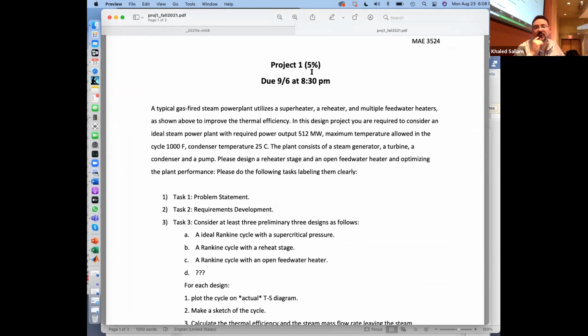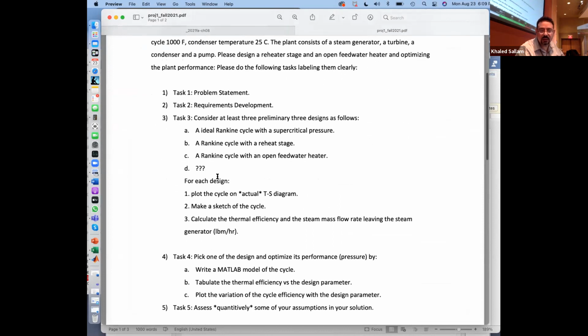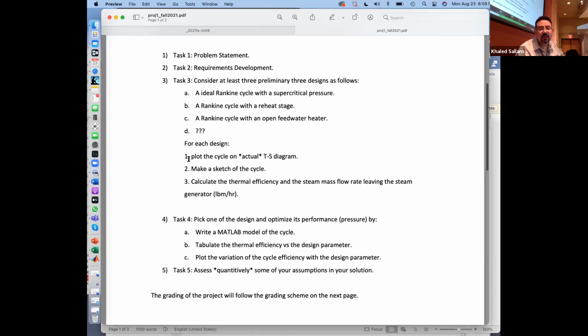Did I say 9/26? 9/6 at 8:30. So that day we actually don't have a class. So you can enjoy the time doing this. And it's due 8:30 p.m. So unlike the homework, which is due 4:30, this one will be due 8:30. So you can have the time to do it. Anyway, we'll discuss it in detail, but he says plot the cycle on an actual TS diagram.